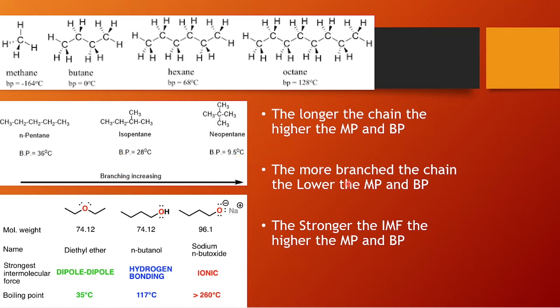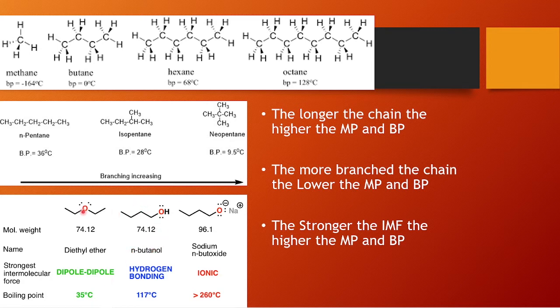The last one: the stronger the intermolecular force, the higher the melting point and boiling point. We said that one before, but this is just to show you examples. So for dipole-dipole, here we have an ether. They all have the same molecular weight. So it's 35 degrees for the boiling point of that.